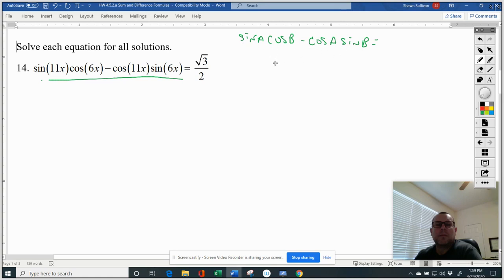So you go back to your sum and difference formulas, and it looks like it's sine of A minus B. So this whole thing, this is A, this is B, this is A, this is B. This whole thing becomes sine of 11x minus 6x, and that's equal to, let me erase that.